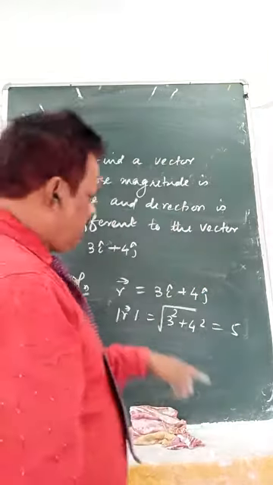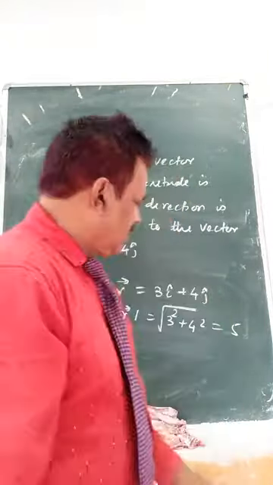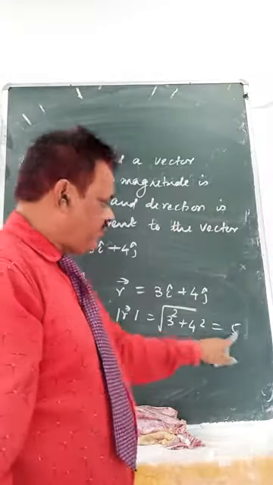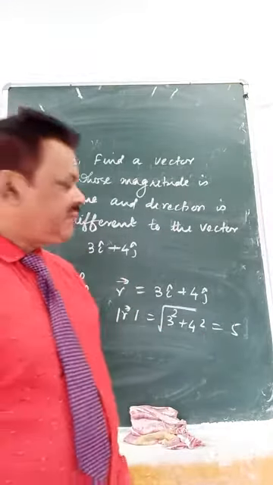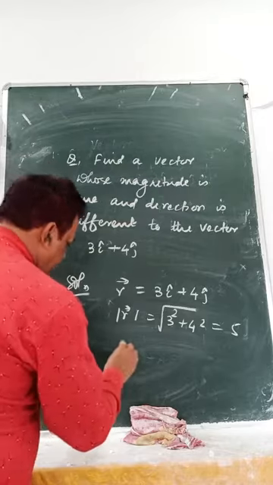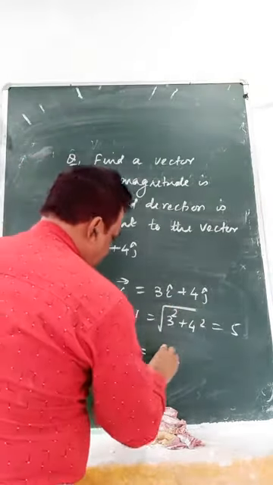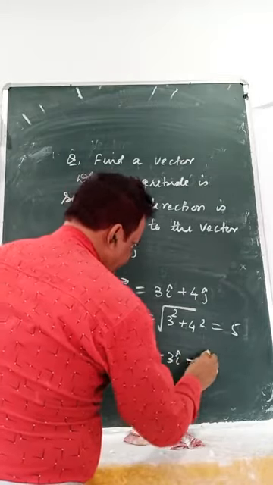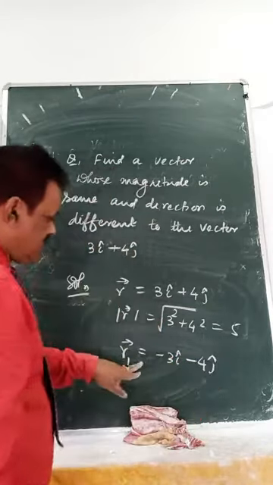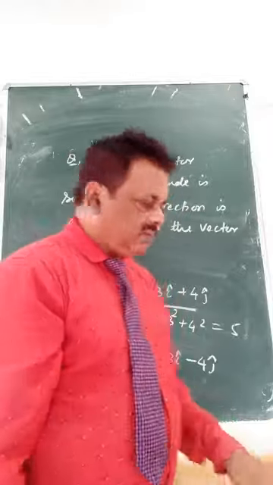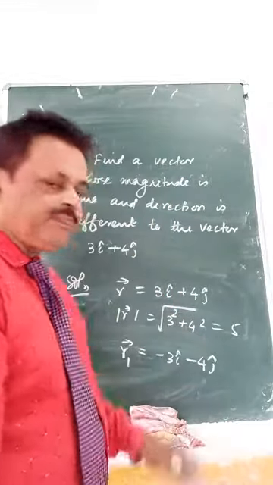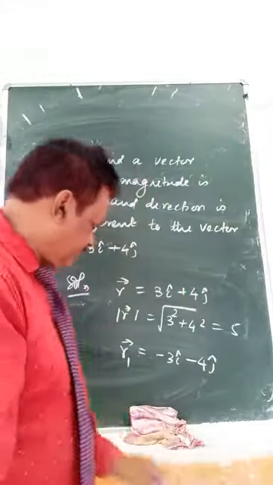That means you write another vector whose magnitude will be 5 but the direction will be different. What you have to do is very simple. R1, suppose same unit you can keep, minus sign you can add. So this is a vector whose magnitude will be 5 but direction is minus, so it will be opposite direction.